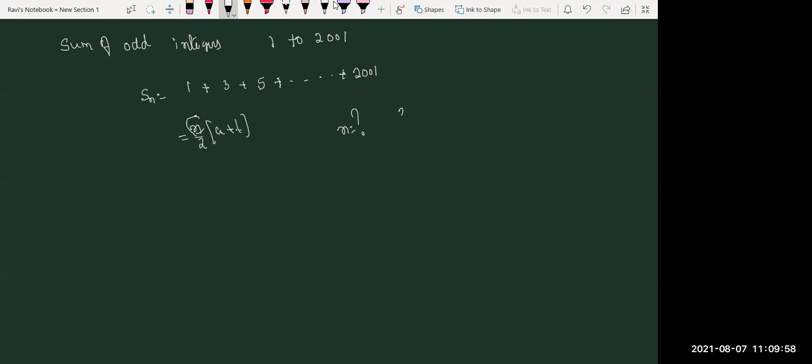2001 is equal to A plus n minus 1 into the common difference, which is 2. Very good. If you send the one to the other side, 2000. n minus 1 equals 2000 divided by 2, how much? 1000.